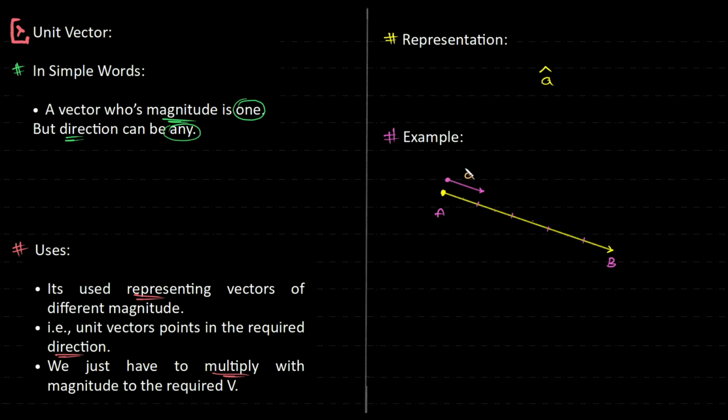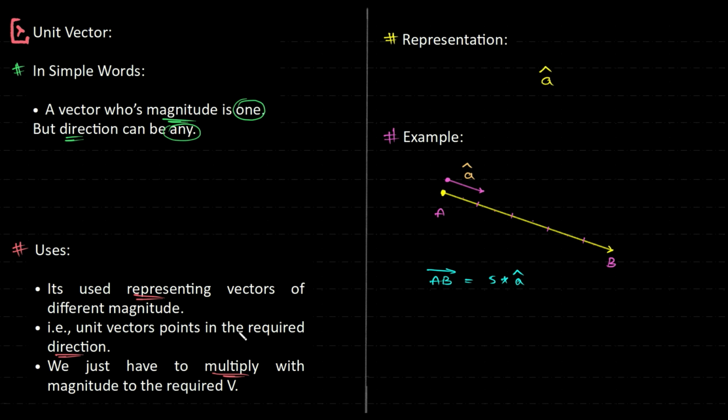Say this is unit vector A. And so AB as a vector is 5 times the unit vector A. So this is the basic idea of a unit vector. So we are looking at representing a vector using a unit vector. So here the length happened to be 5 of a unit vector A, and so we'll represent vector AB as 5 times unit vector A.